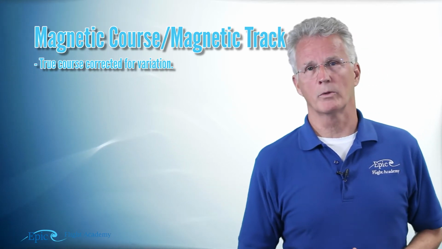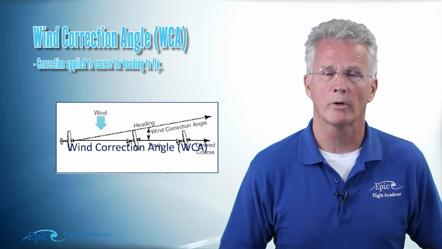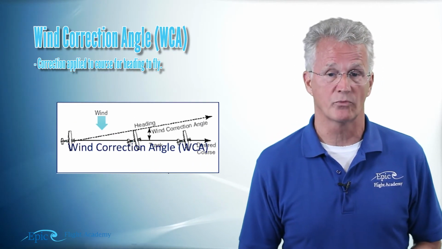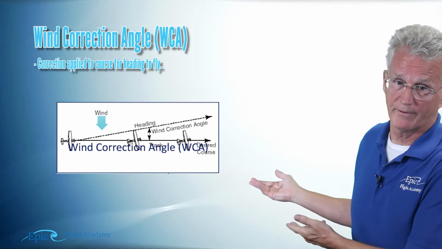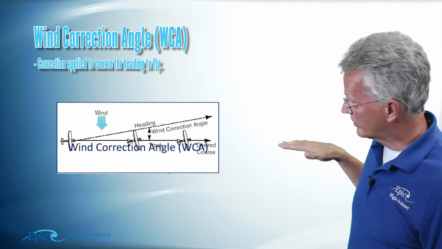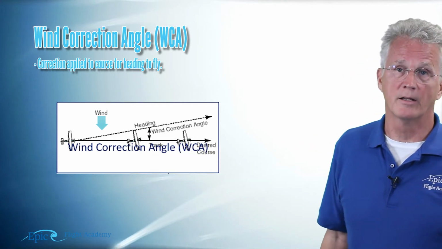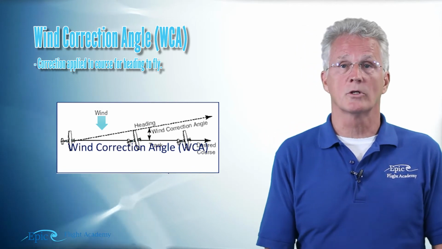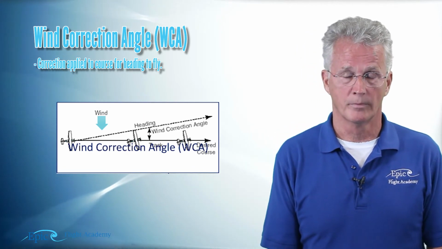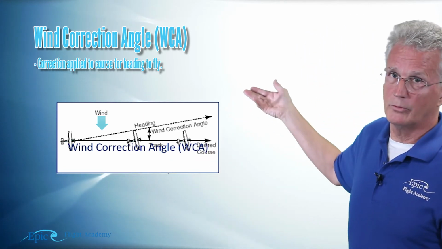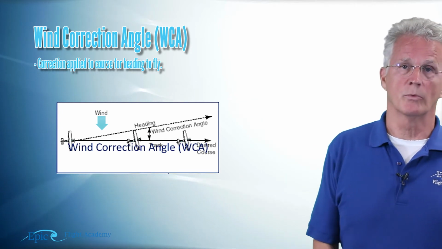The third term that we want to talk about is what we call the wind correction angle, or WCA for short. You can see in this graphic, we're showing this airplane flying from the left to the right. Let's say this airplane is eastbound. And this light blue arrow here represents the wind. Let's say the wind is from the north.